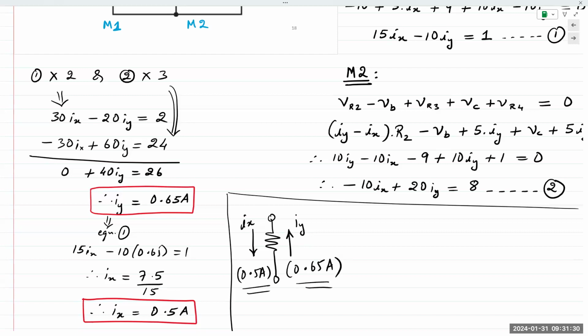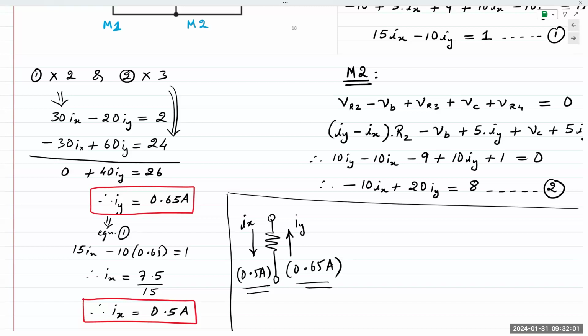To determine the direction, we just look at the values. In this case, we are not concerned with anything else going on in the circuit. We simply take that component, the resistor R2, and we have two hypothetical currents flowing through it. So we look at which current has the larger value. Whichever current has the larger value wins, for lack of a better word.